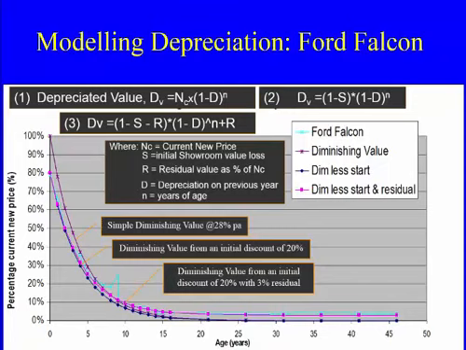However, in general, we have a very good fit over probably about 90% of the vehicle's history. And so we can see that with a couple of relatively simple adjustments to the straightforward diminishing value calculation, we're able to fit a curve very well to this asset over a period of ages spanning over 45 years.